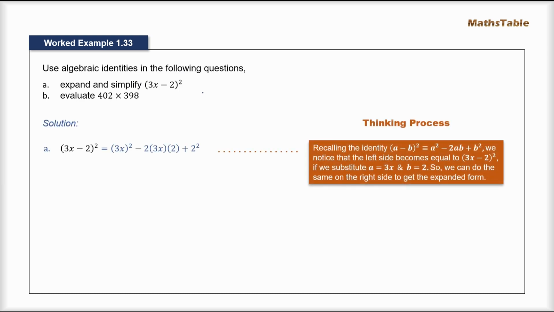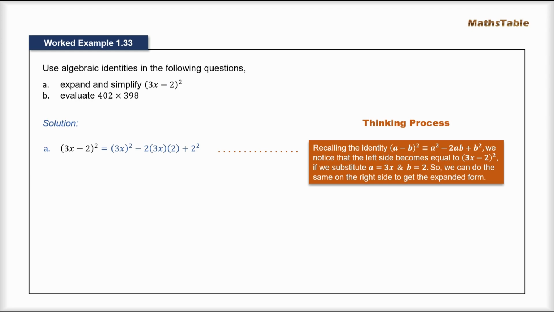So if we compare this expression with the three identities, we can see that the second one, which consists of a difference of two terms and then taking the whole square, closely matches our expression. So we can use this identity to expand this expression by comparing the values inside the brackets.